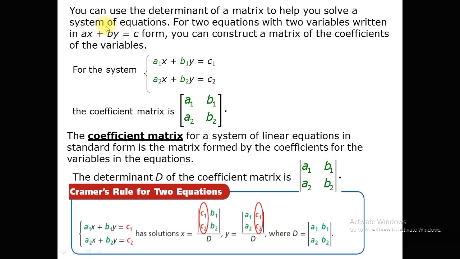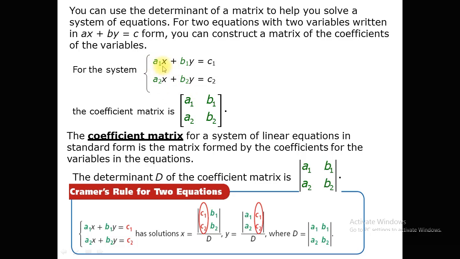Now dear students, you can use the determinant of a matrix to help you solve a system of linear equations. For two equations with two variables written in the form ax + by = c, you can construct a matrix of the coefficients of the variables.